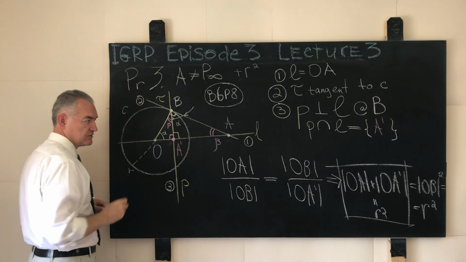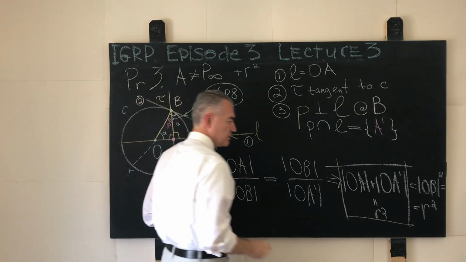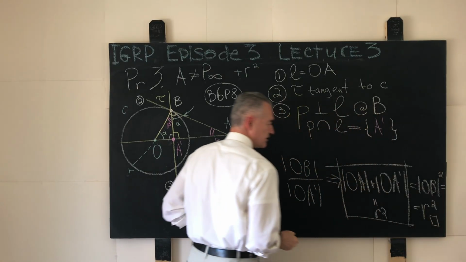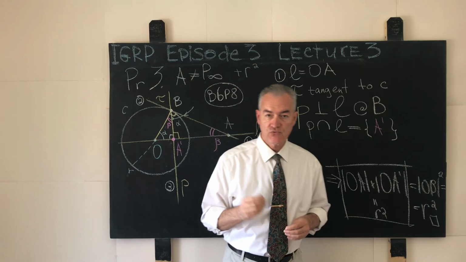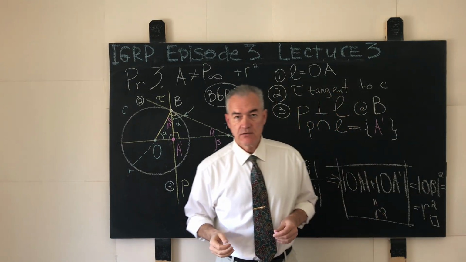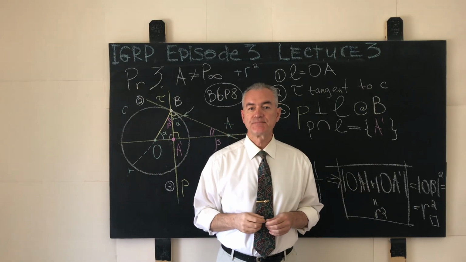Now that we understand what is going on with this situation when the power of inversion is positive, we will take on the problem number 4, where the power of inversion will be negative.